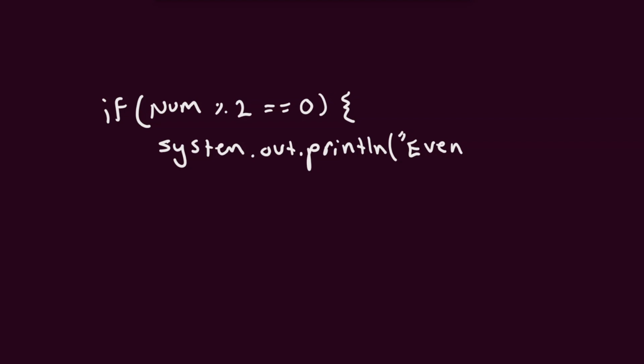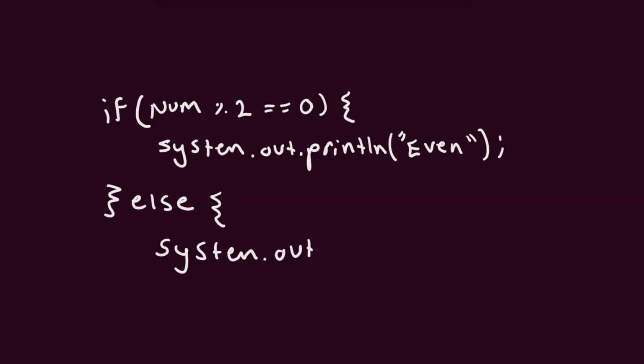However, if this is false, then our only other option now is that the number is odd. So in our else block, we would print out odd instead.